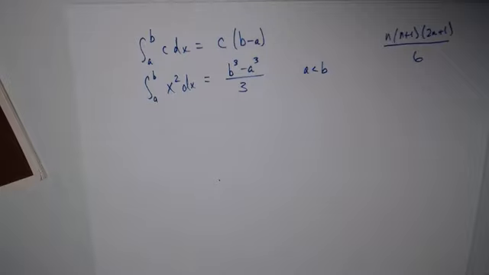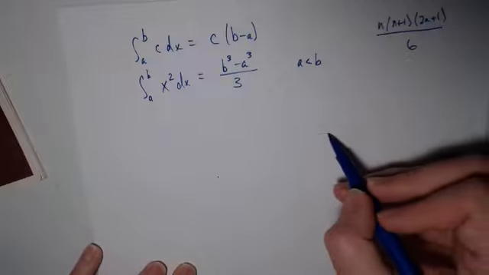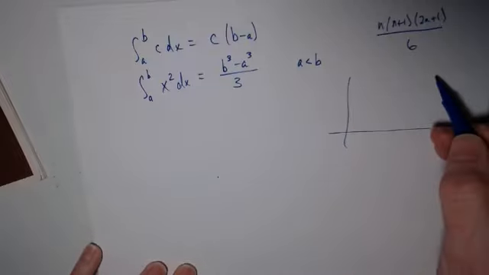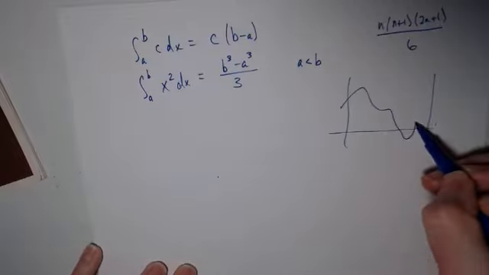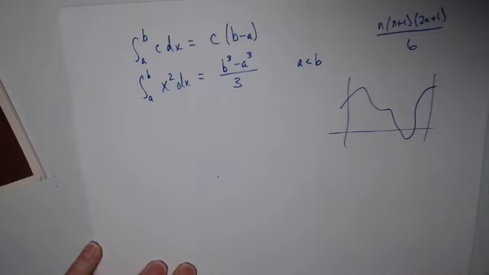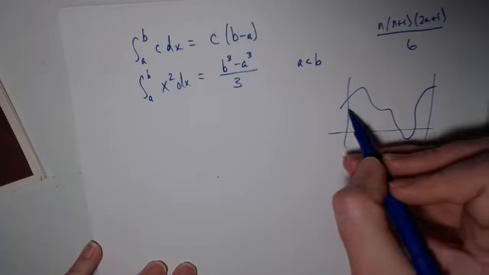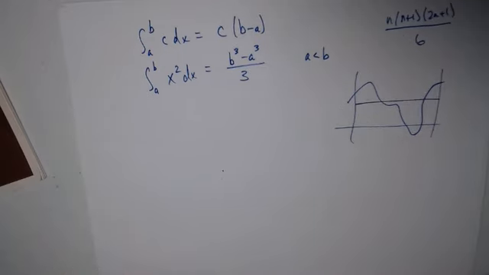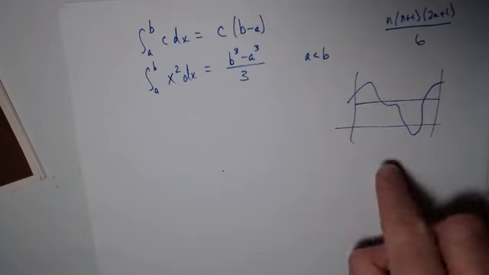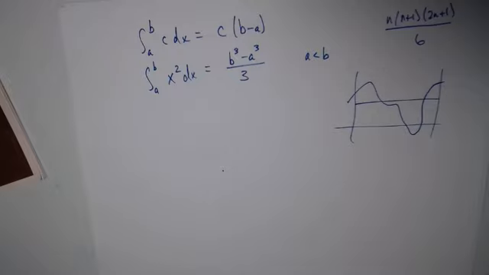What else do we have here? So if I've got a function like so, and I want to know the average value of the function, well, that's the same as the height of the rectangle that has the same area as that function.